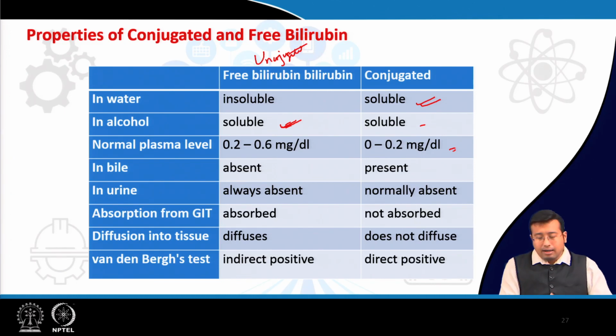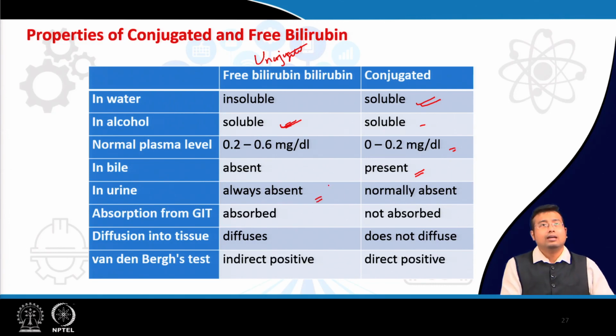In bile only conjugated bilirubin is present, there is no unconjugated. Whenever it has been fully conjugated, only then is it excreted into the bile and ultimately into the small intestine, and that is the pathway of circulation of bilirubin.